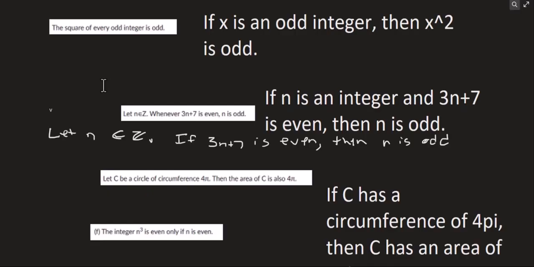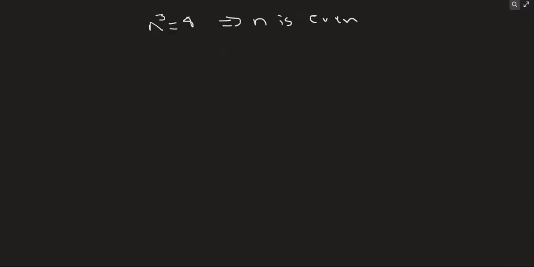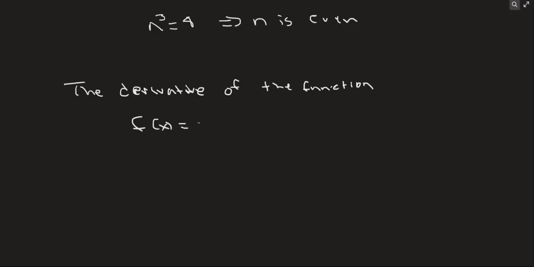And then I think I had one more. So the derivative, I don't remember exactly what it is. The derivative of the function f of x equals cosine x is f prime of x equals negative sine x.